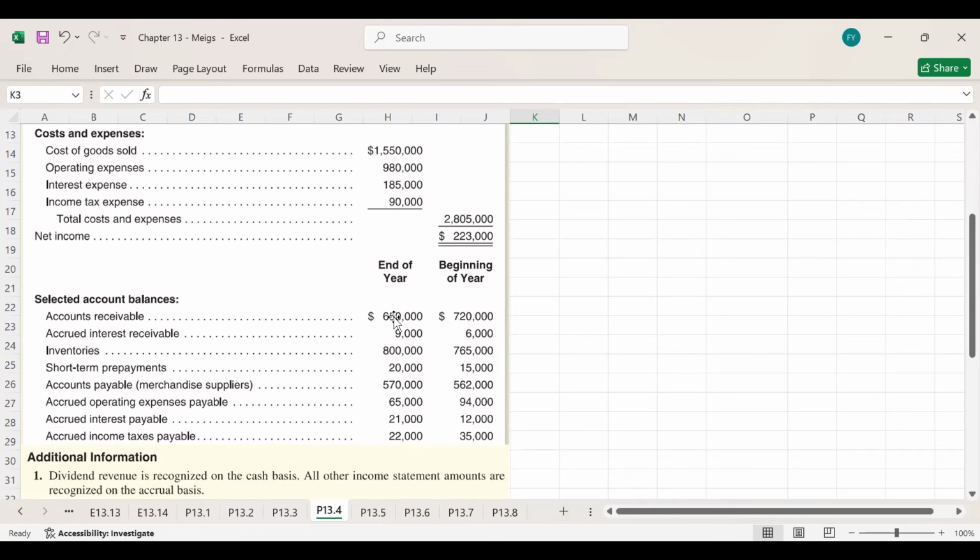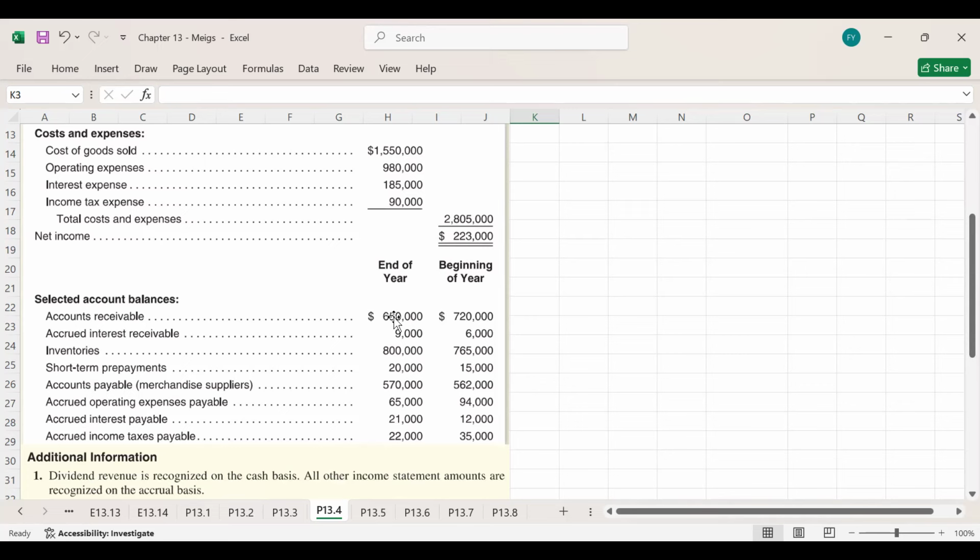So you can say that there is a decrease in accounts receivable. Whenever there is a decrease in accounts receivable, it means that customers have paid off some of their outstanding balances. So this represents additional cash flows during the period.